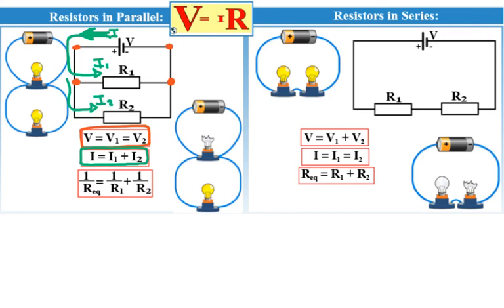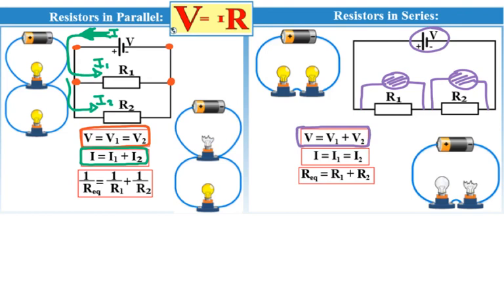Then if you have them connected in series, then the voltage dropped on this resistor plus the voltage dropped on this resistor, this voltage plus this voltage, should give you the voltage of the battery. So the voltage of the battery is equal to the voltage dropped on every single resistor.